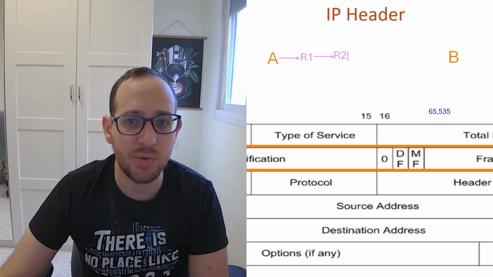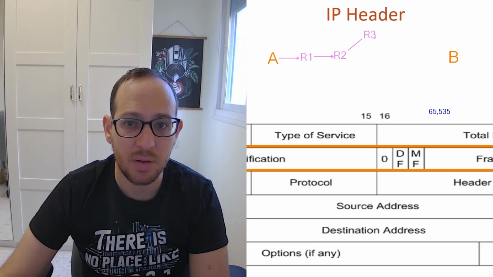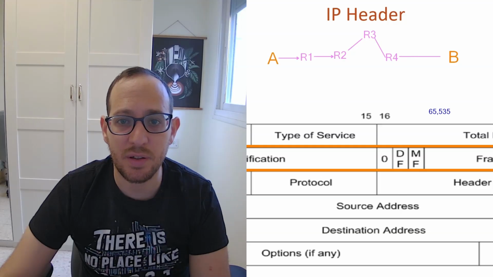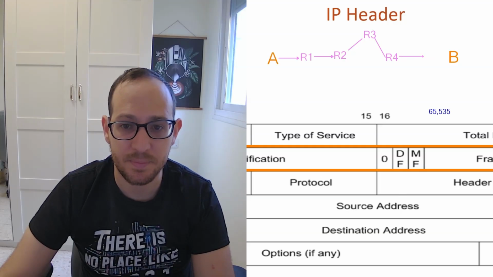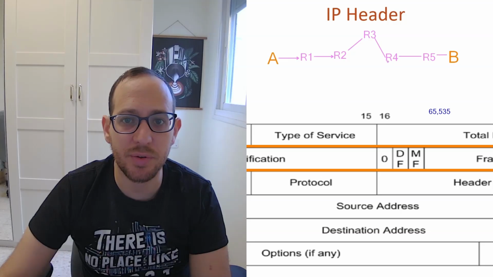And actually, I won't use arrows now. Explain why in a sec. R3, then we have R4, then we have R5, then we have B. And R4 is also connected to R2.